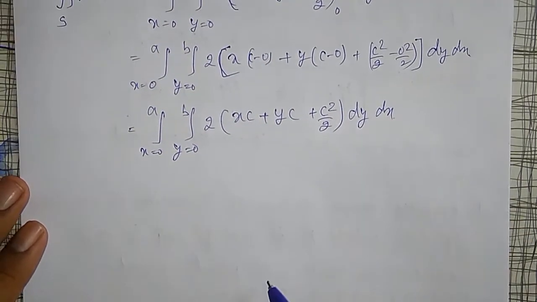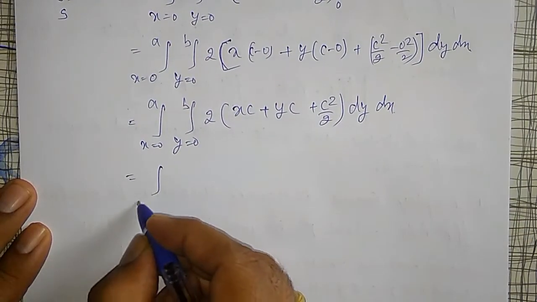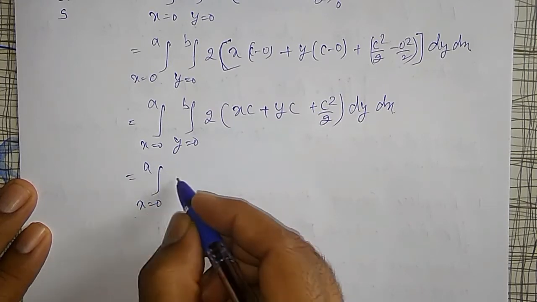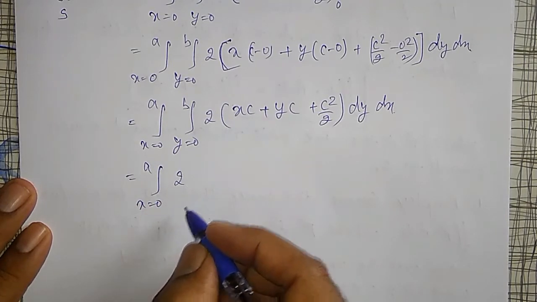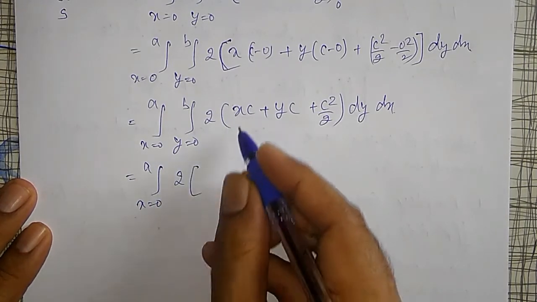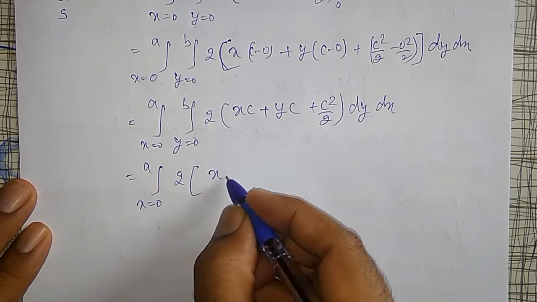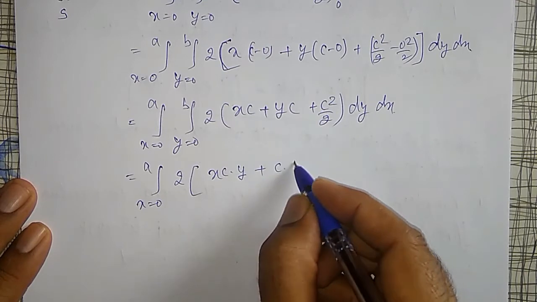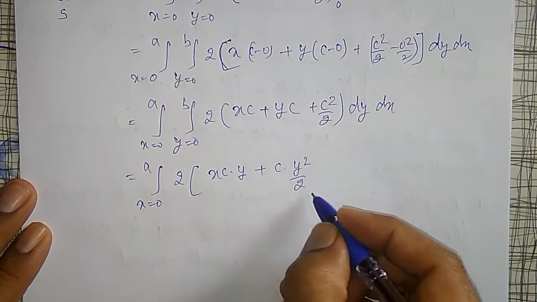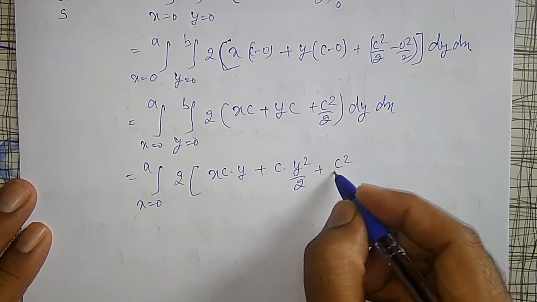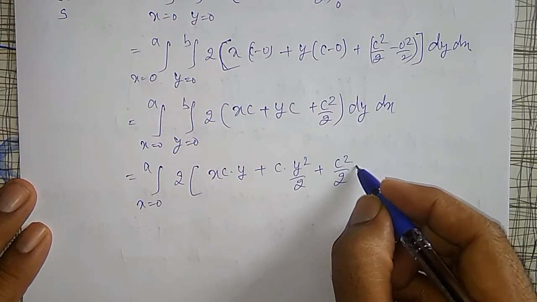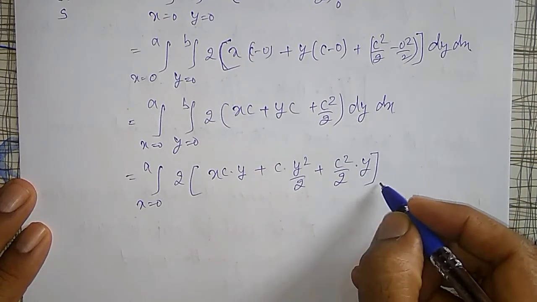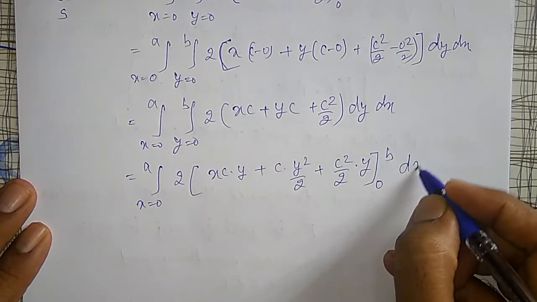Next I have to integrate with respect to y, which will become x equal to 0 to a, 2 outside as it is, and here integration with respect to y: xc into y plus c into y square divided by 2 plus c square divided by 2 into y, between the limits 0 to b, dx.